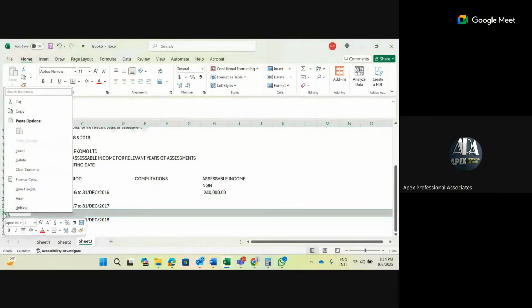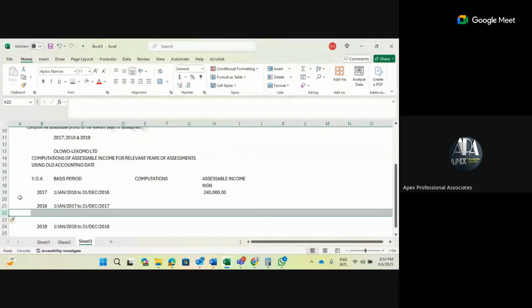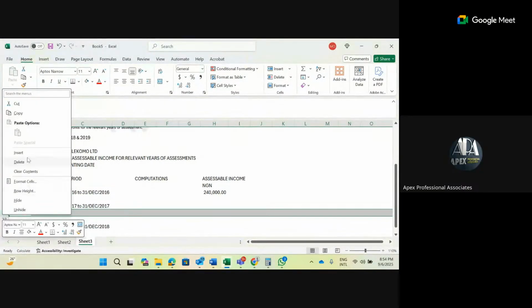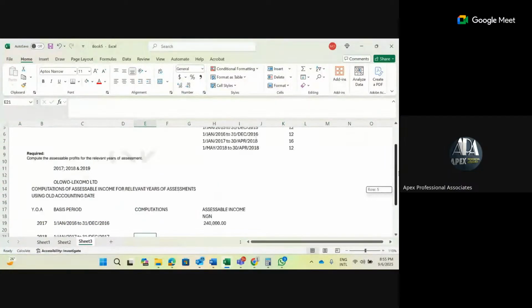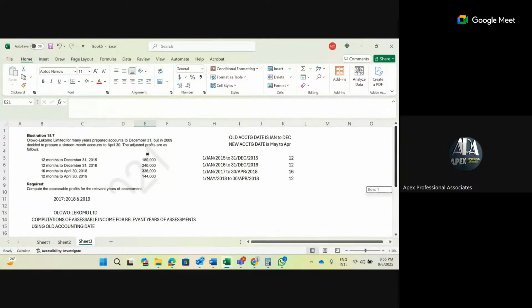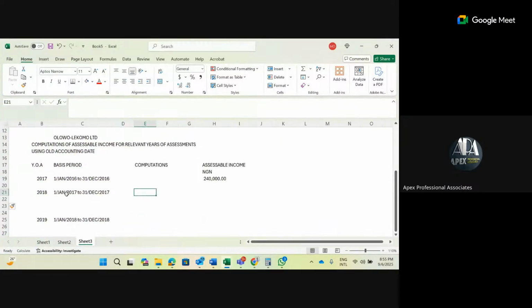For the profit of 2018 year of assessment, when you look at this analysis that I did here, when is the beginning of 2018? 2018 year of assessment, the basis period is starting from 1st of January 2017 to 31st of December 2017. How many months is that? 12 months.